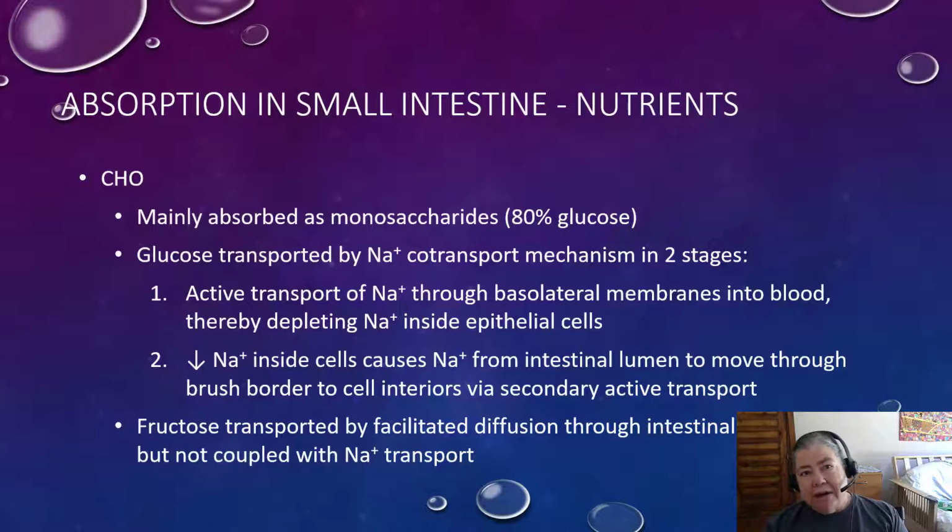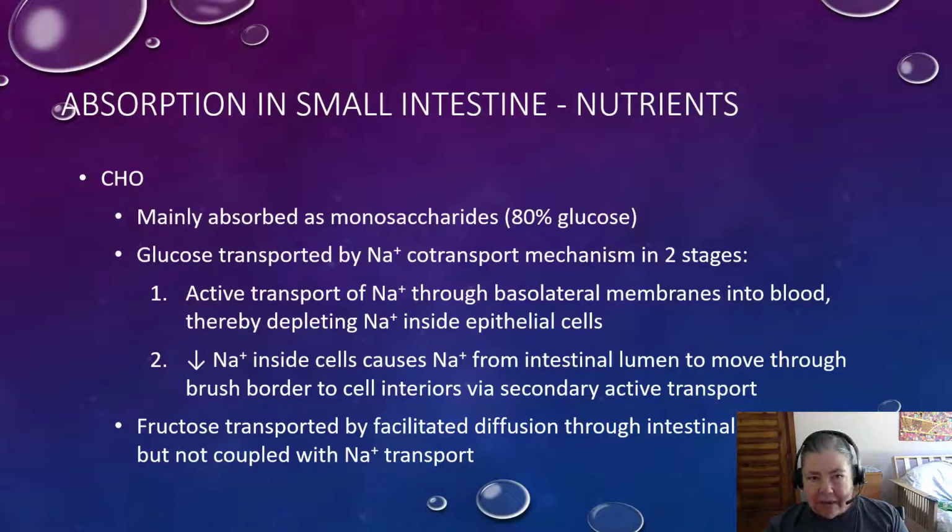Once the carbohydrate is fully broken down into monosaccharides, it is co-transported. There are two mechanisms or two stages. First, you remember that the sodium potassium ATPase is depleting sodium inside the cells.